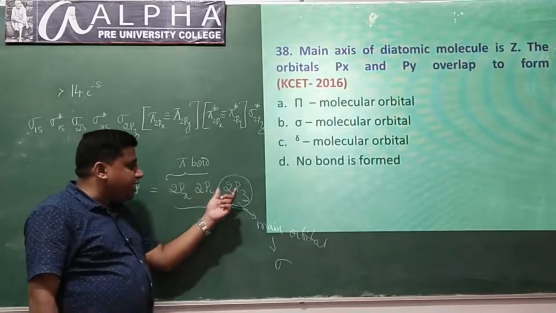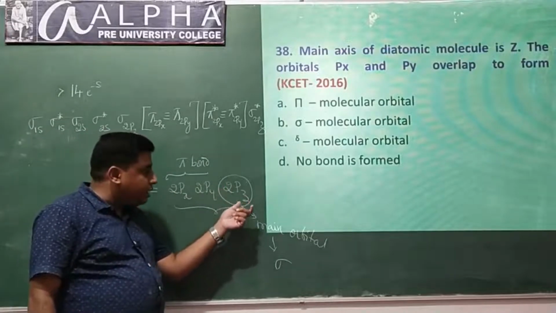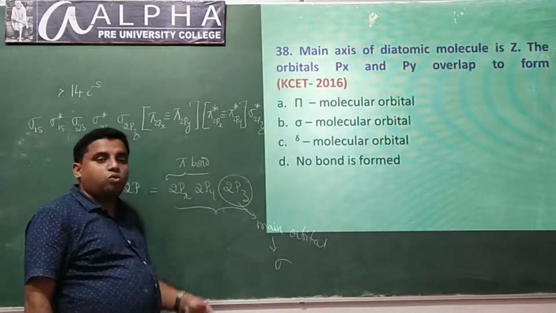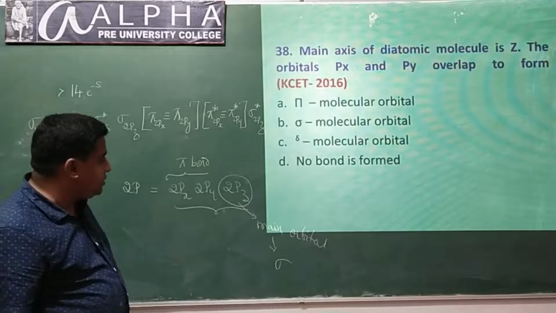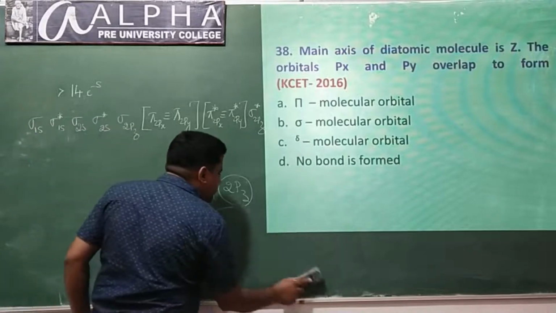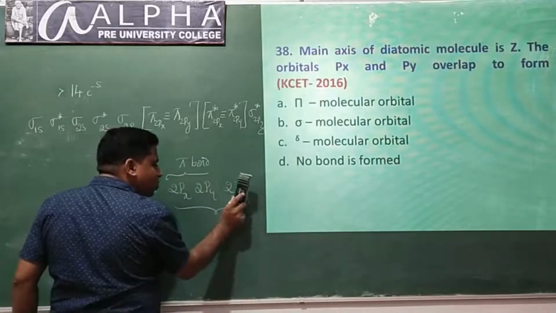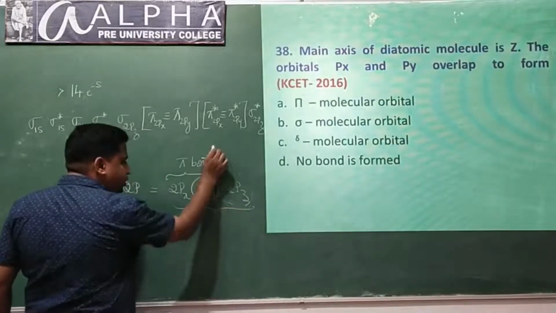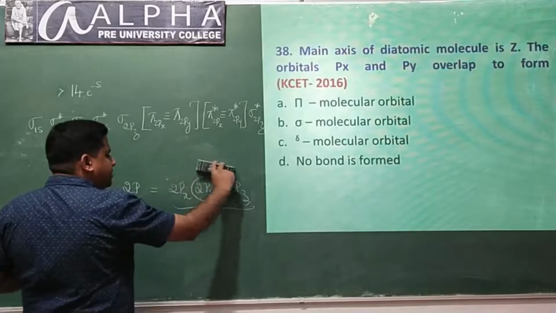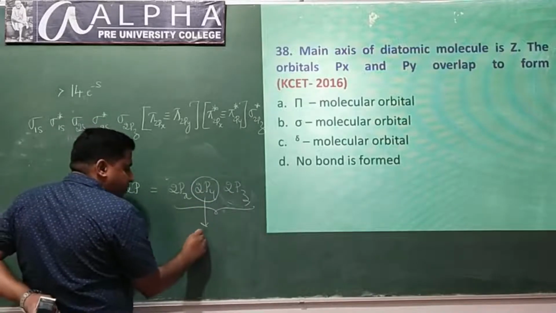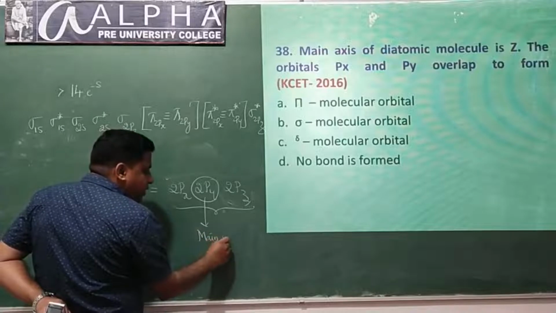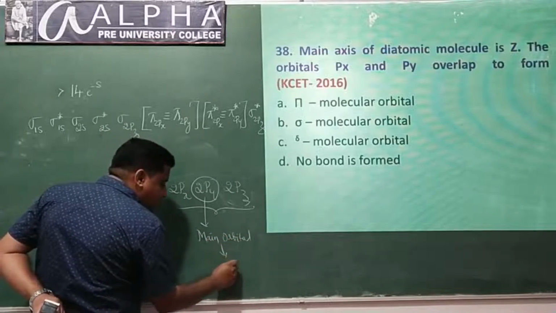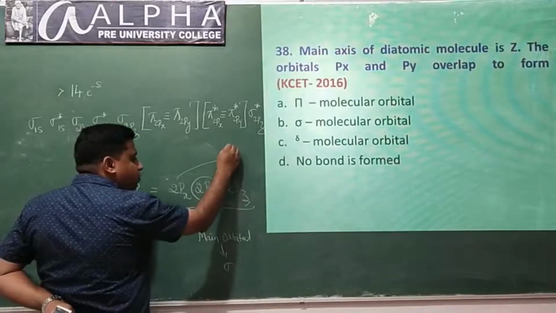So if you choose any one of them as the main orbital, that main orbital will form the sigma bond, and the remaining two orbitals will form pi bonds. On the same lines, if I choose 2py as the main orbital, 2py will form the sigma bond, whereas the other two will form pi bonds.